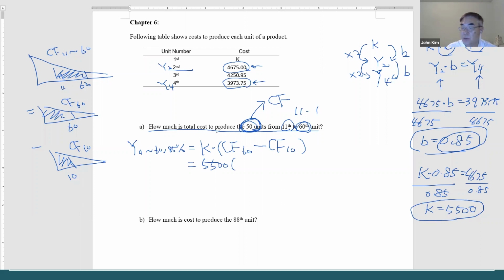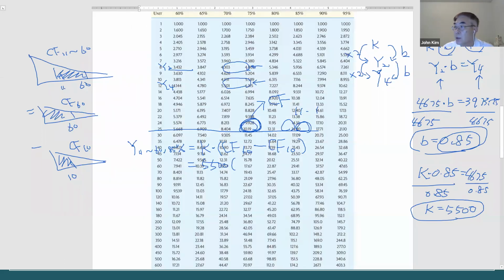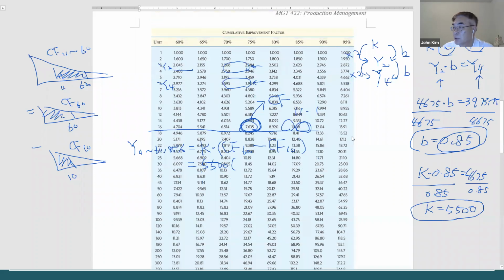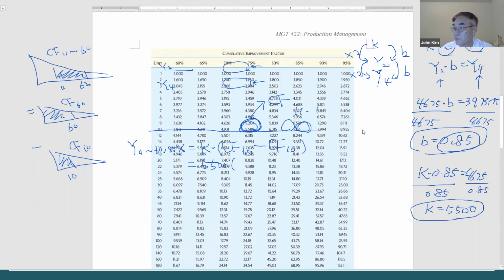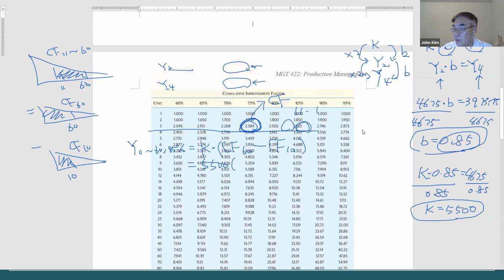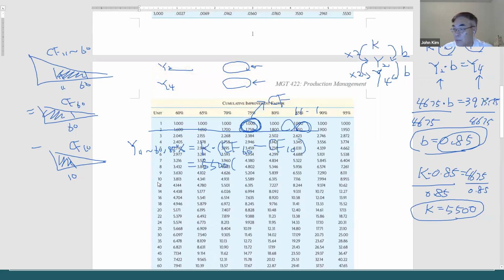5500 times, and we need the chart. Okay, this one is the cumulative factor chart. So from this chart, we need 10, that is 7.116.